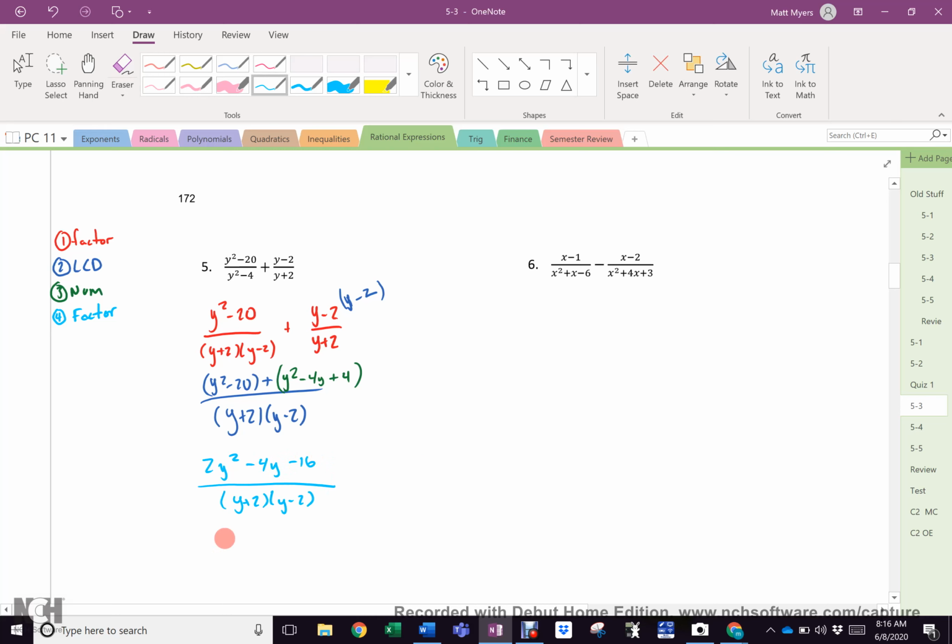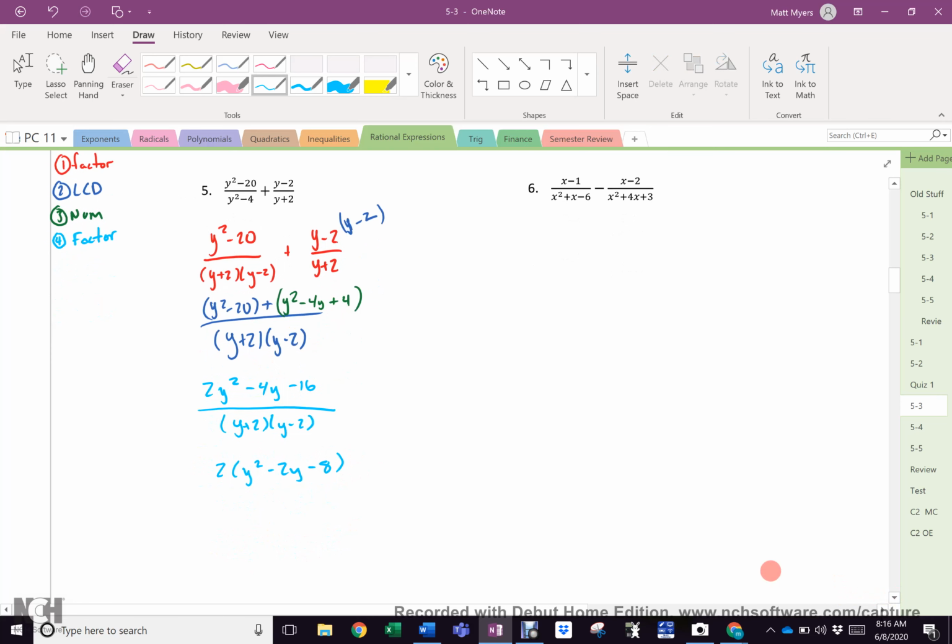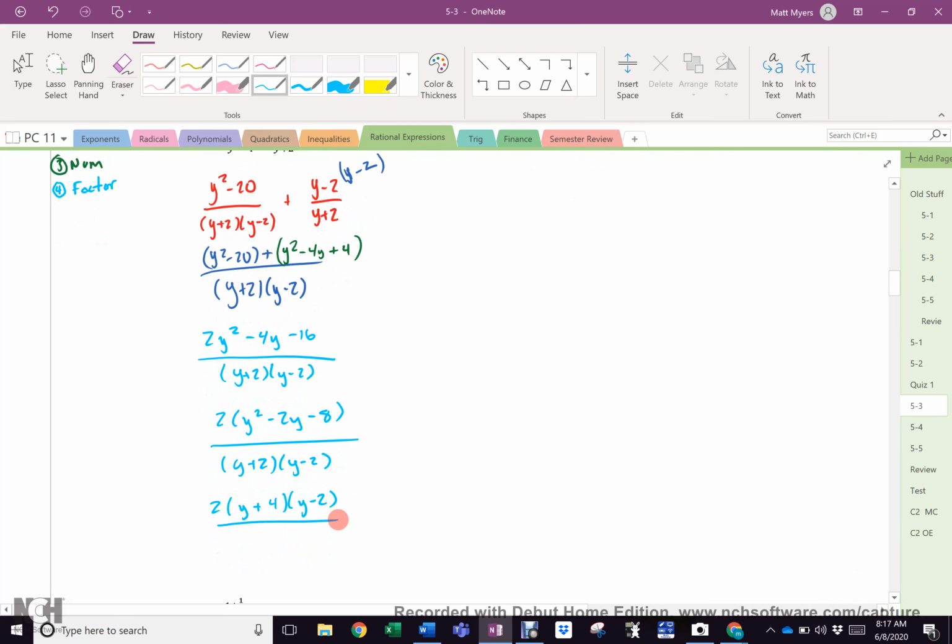That is going to become 2y squared minus 2y minus 8 over y plus 2, y minus 2. That is going to factor to y plus 4, y minus 2 over y plus 2, y minus 2.